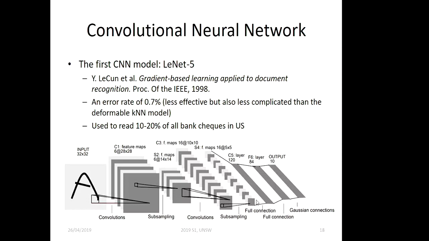And then you can also append fully connected layers. The fully connected layer is the same as the feed-forward neural network layers. So just do the multiplication and summation, and finally you get this output layer.